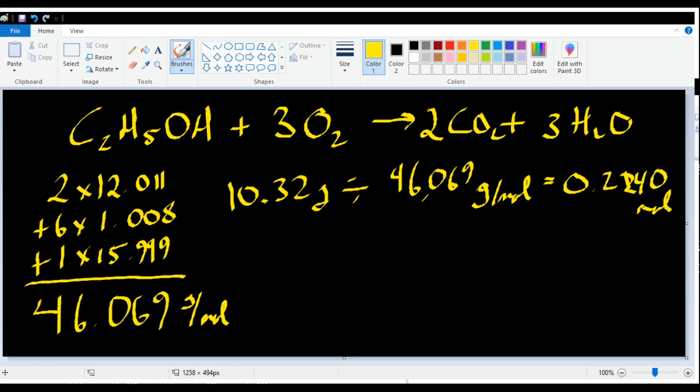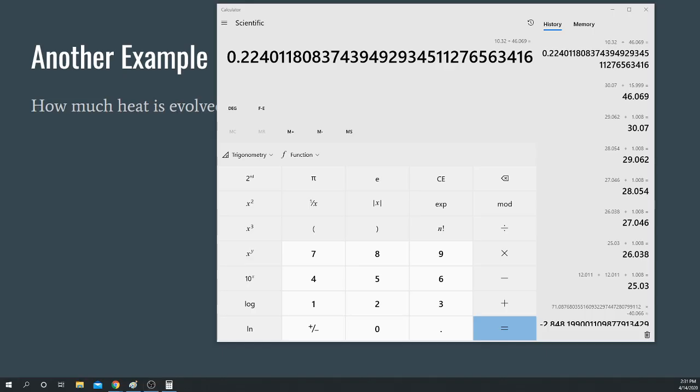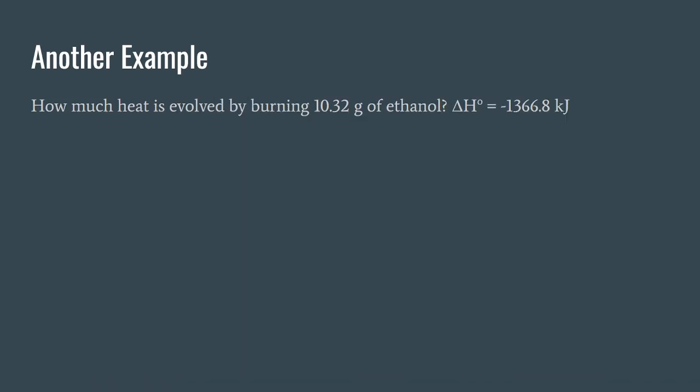Now, this is where things can get a little bit complicated, okay? Because the kilojoules for this enthalpy of reaction means that every time the reaction occurs, it releases 1366.8 kilojoules of energy.